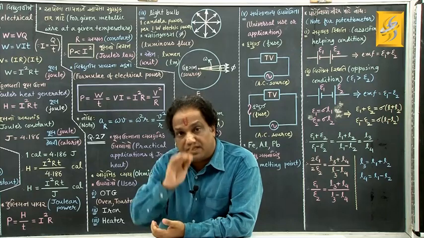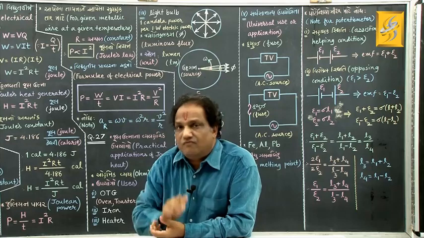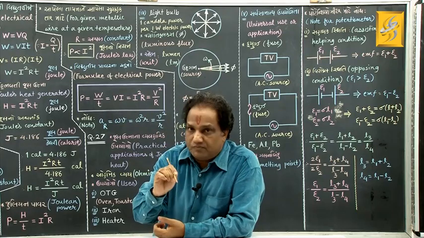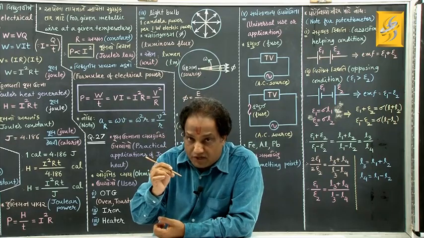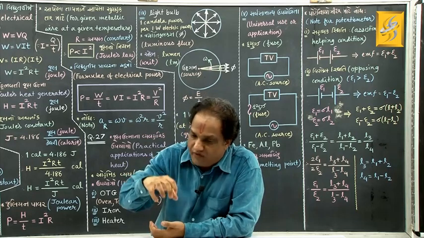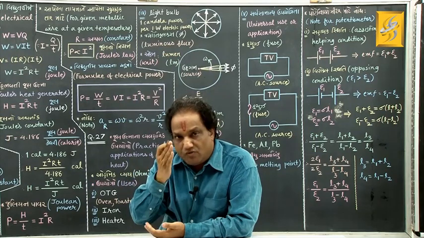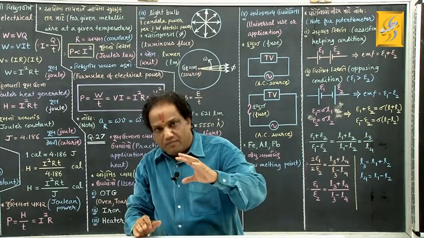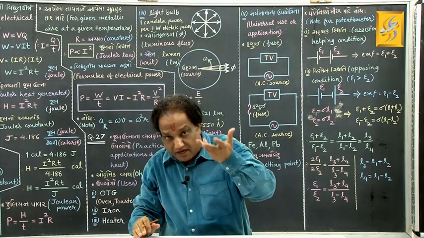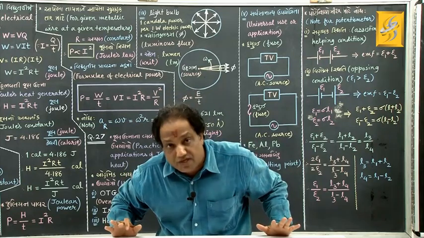Let me give you a second example where production of heat energy is not desired. At our home, we are running an electric motor, and for that we are supplying electrical energy to fetch water from the lower tank to the upper tank. But you will be surprised to know that whatever amount of electric energy we are supplying to the electric motor, its majority part is wasted in the form of heat energy.